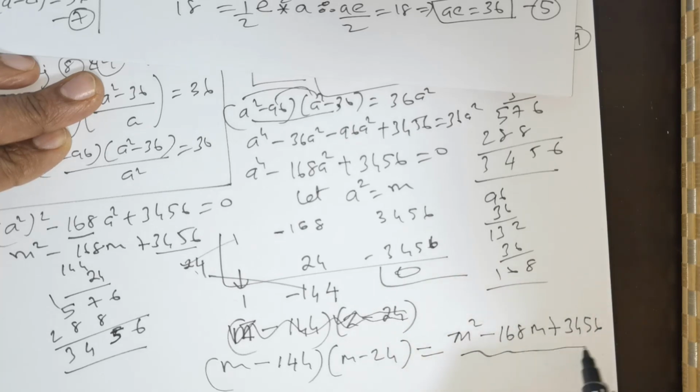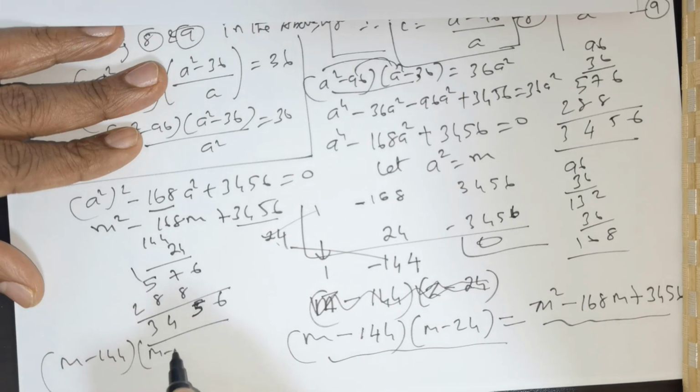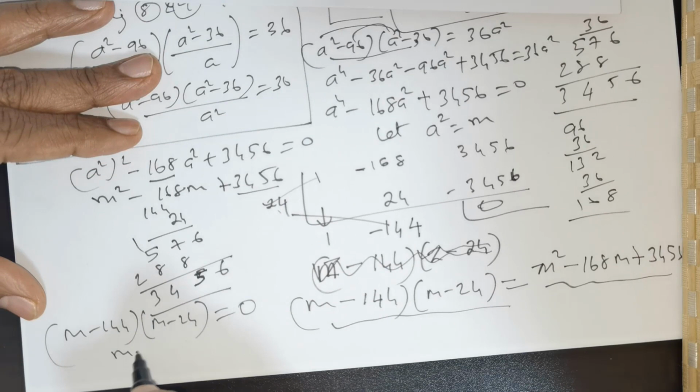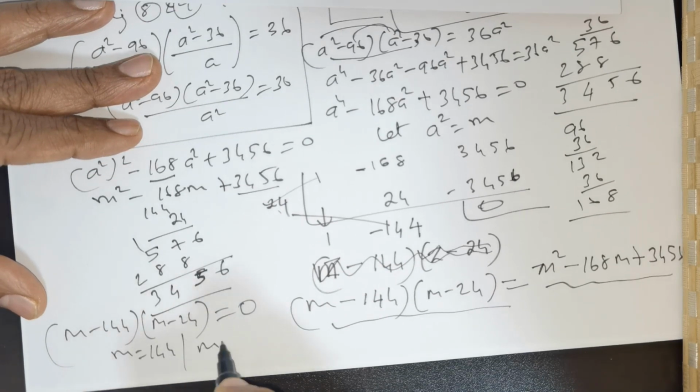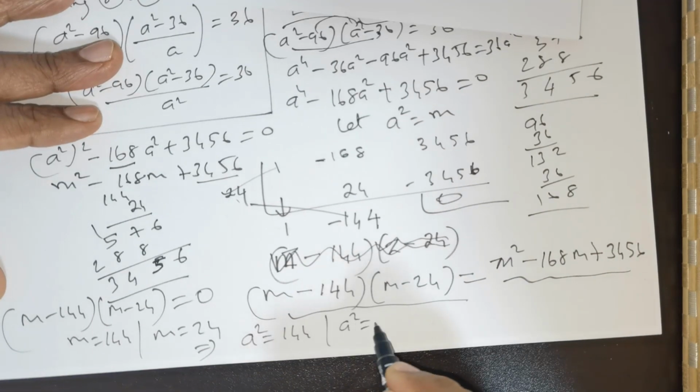So this entire quantity is factored into (M minus 144) and (M minus 24). Now we are trying to solve this, so (M minus 144) into (M minus 24) is equal to 0. From here M is equal to 144 or M is equal to 24. This means A squared is equal to 144 or A squared is equal to 24.